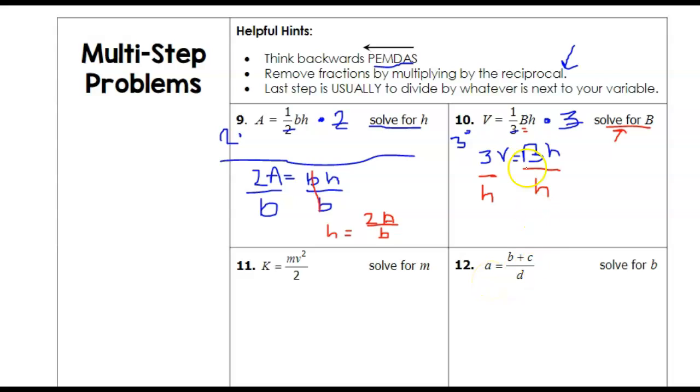And once I divide both sides by h, I realize that b is just equal to 3V divided by h. How are you feeling about that, guys? Okay, now I want you guys to try 11 and 12.